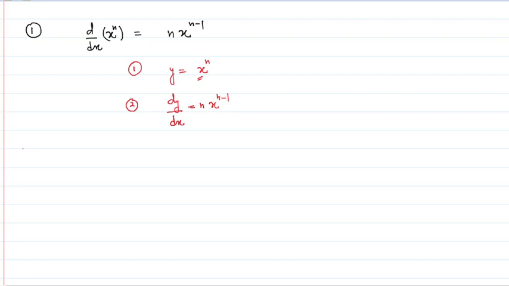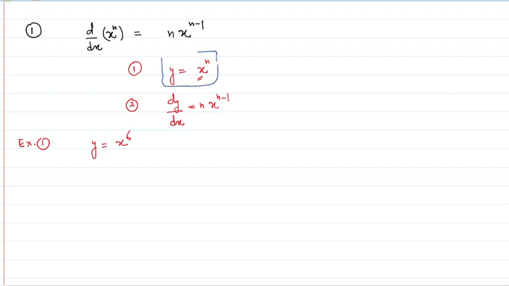Now we will understand this by taking a few examples. Example number 1. Suppose we have y is equal to x raised power 6. Very simple example. So this is already in this form.